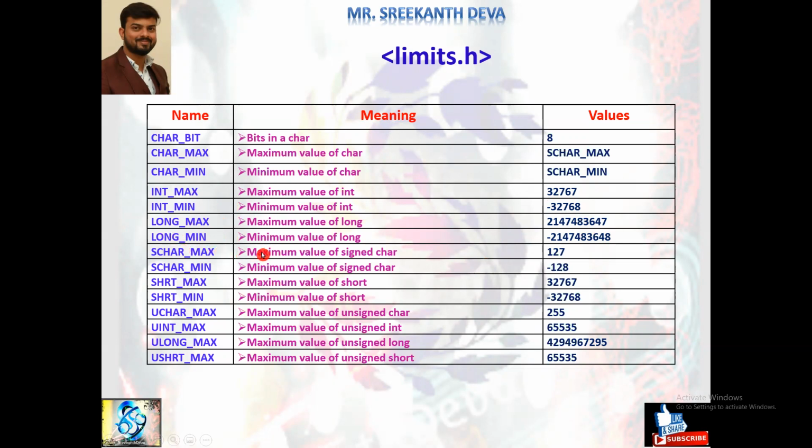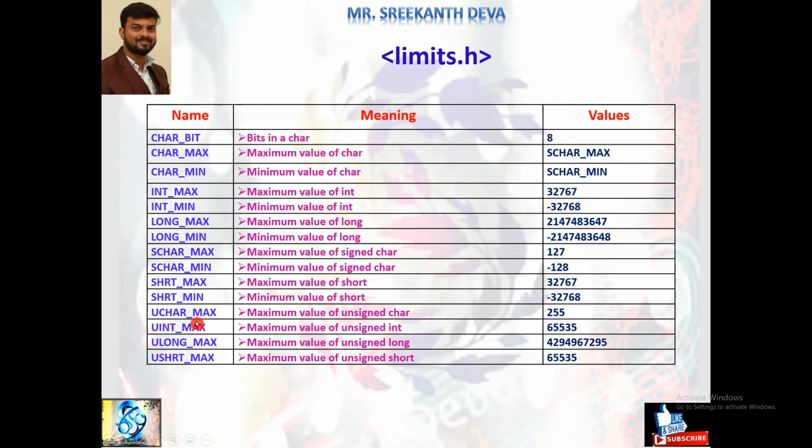LONG_MIN, minimum value of long is minus 2147483648. Like SHRT_MAX, the constant name in limits.h is SHRT_MAX. Maximum value of short is 32,767. SHRT_MIN, minimum value of short is minus 32,768. The range is minus 32,768 to plus 32,767.